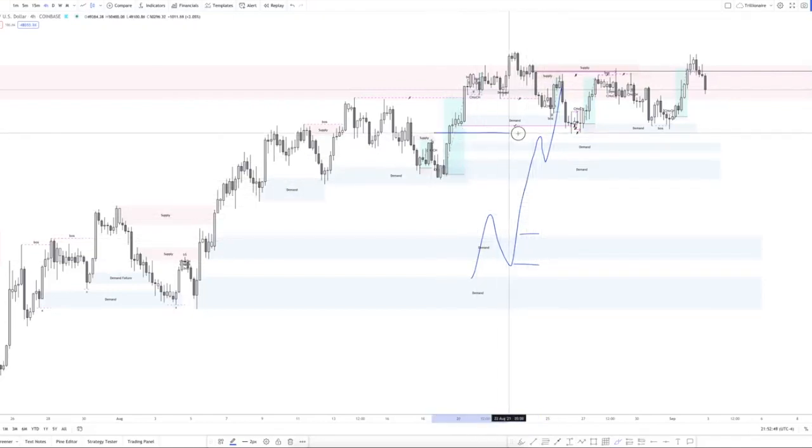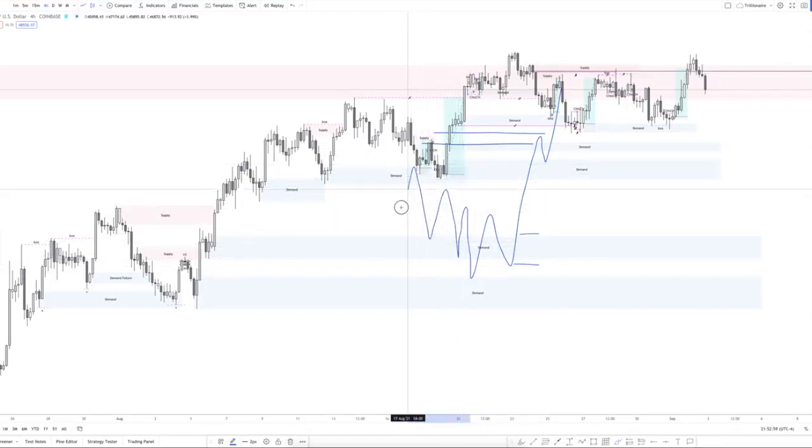So whatever supply was right here that's responsible for giving this reaction, more than likely price is going to trade back to this demand right here, resting within this candle, or range, or pivot, and then continue to push to the upside.